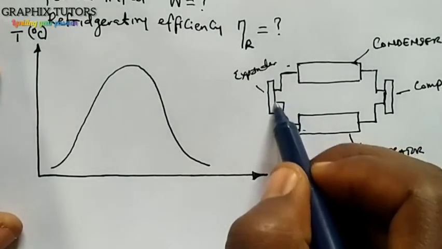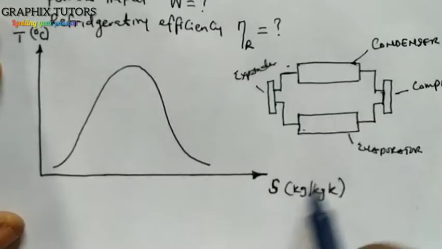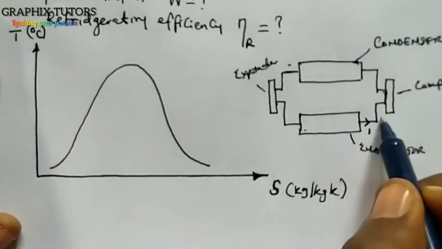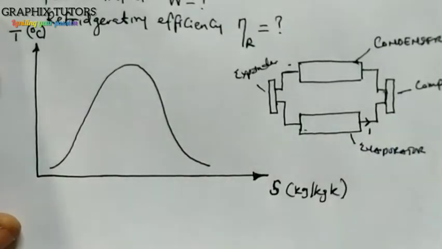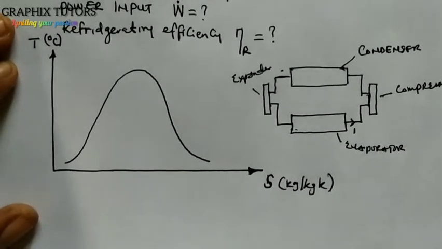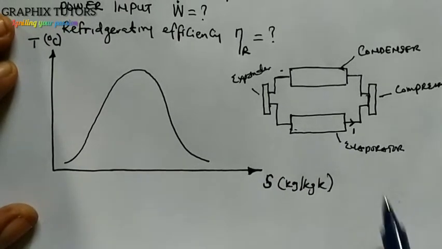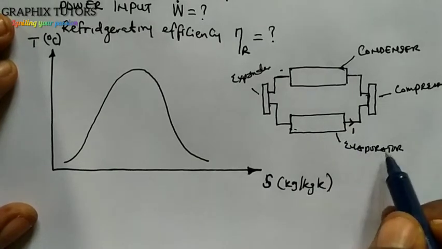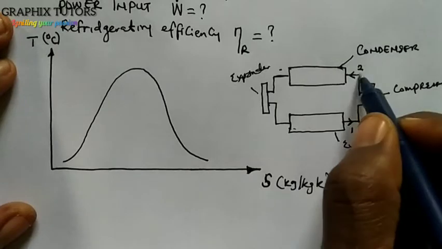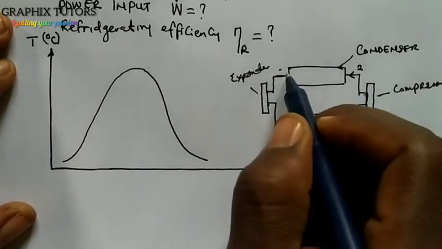From here, at this point we call state 1, which is the entry of the compressor. Here we call state 2, which is the exit of the compressor.